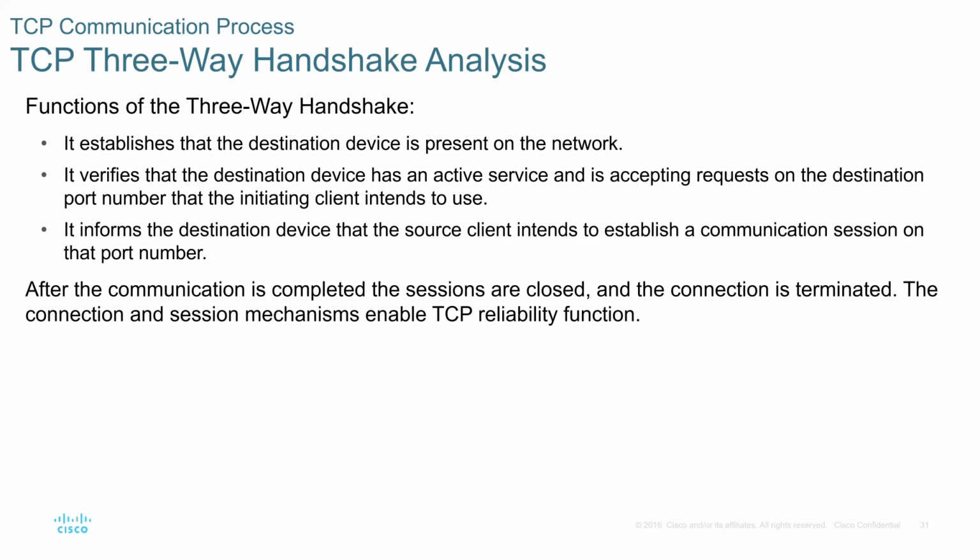It informs the destination device that the source client intends to establish a communication session on that port number. After the communication is completed, the sessions are closed, and the connection is therefore terminated. The connection and session mechanism enable TCP reliability function.